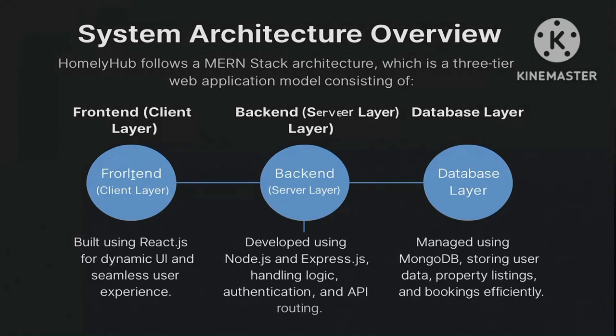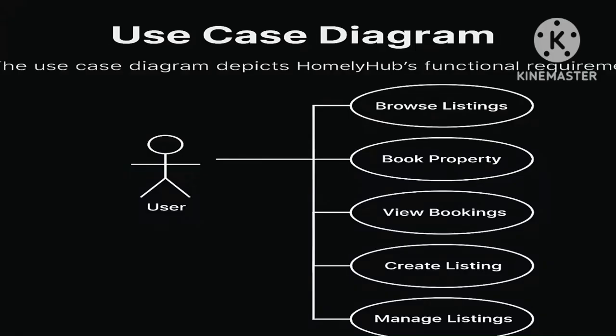The use case diagram. A user can log into the web page, or if he or she has not visited recently or does not have an account, he or she can register on the Homely Hub web page. He or she can browse or view the listings and filter according to their requirements and search.